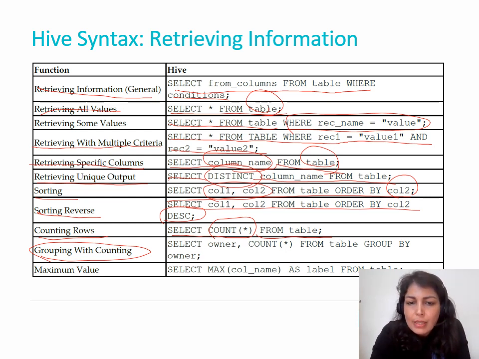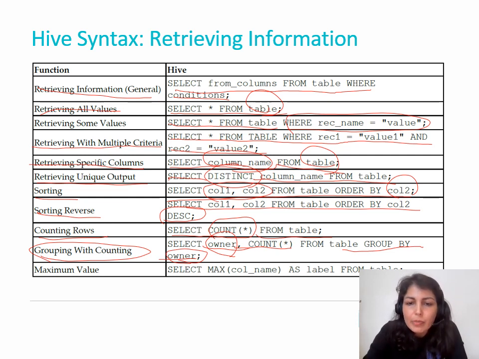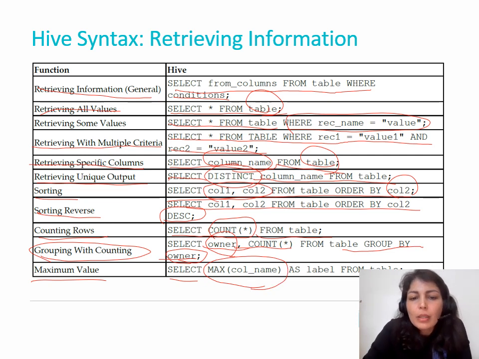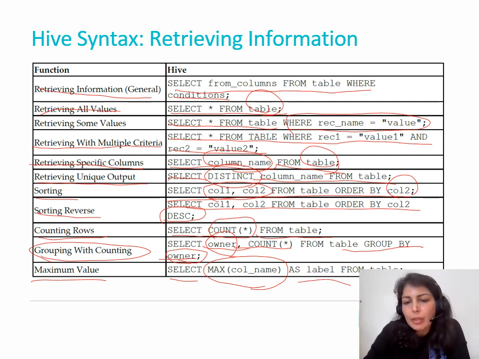So you can say, okay, select owner or any field, any column from the table and count star, but you need to group the records based on the column that you have written here. We had this example and I explained it in the previous slide. Maximum value, okay, you can select a column and take the maximum value of that column as a label from your table. And this is your table name.